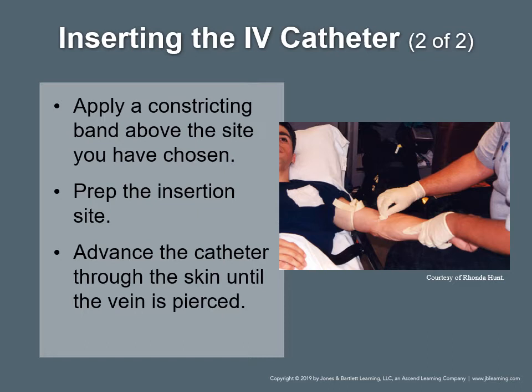So if you stop as soon as you get flash, that sheath may not actually be inside the vein and you're not going to be able to thread it through. Does that make sense? It does. So once you pierce, you're going to go just a fraction more to ensure that the sheath is in there, and then you're going to advance the sheath and pull the needle out, okay?